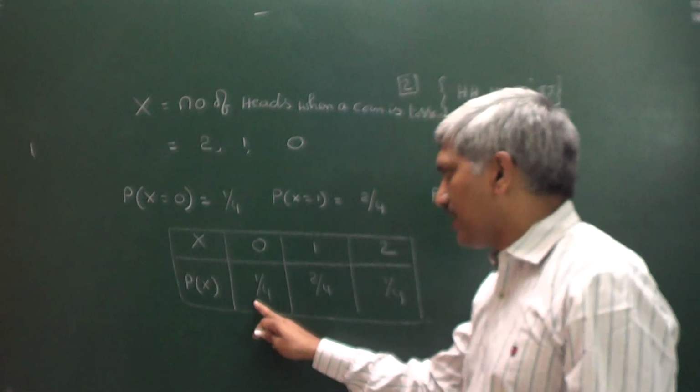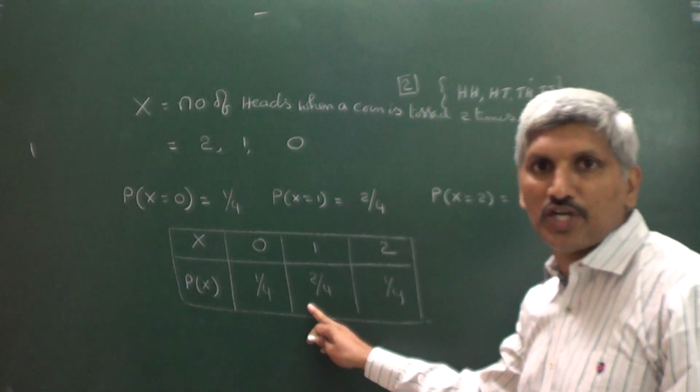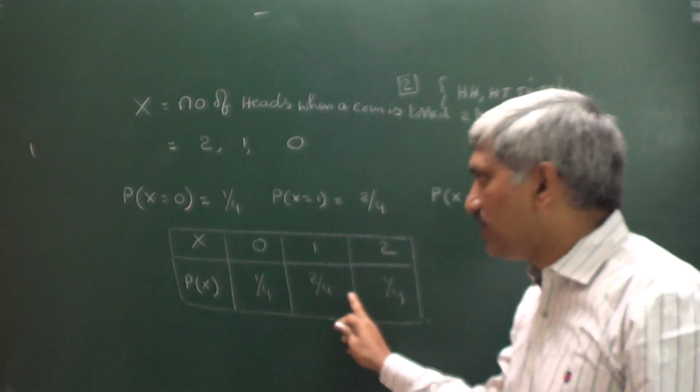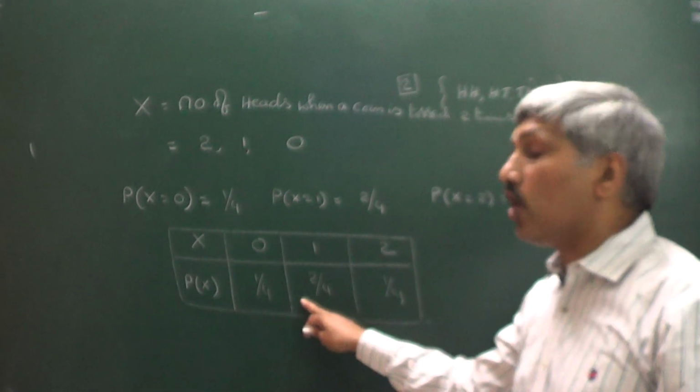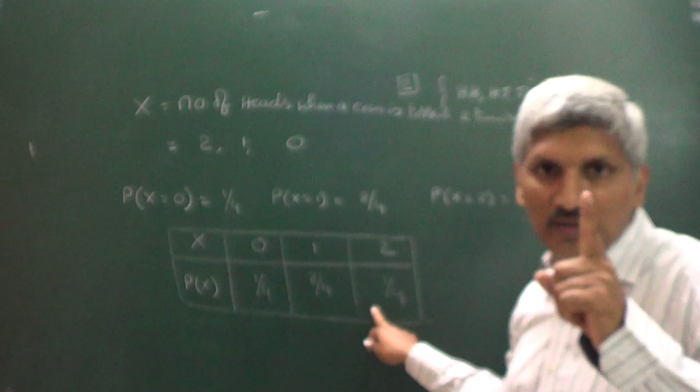You can observe that in every probability distribution table, the sum of all the probabilities has to be 1.